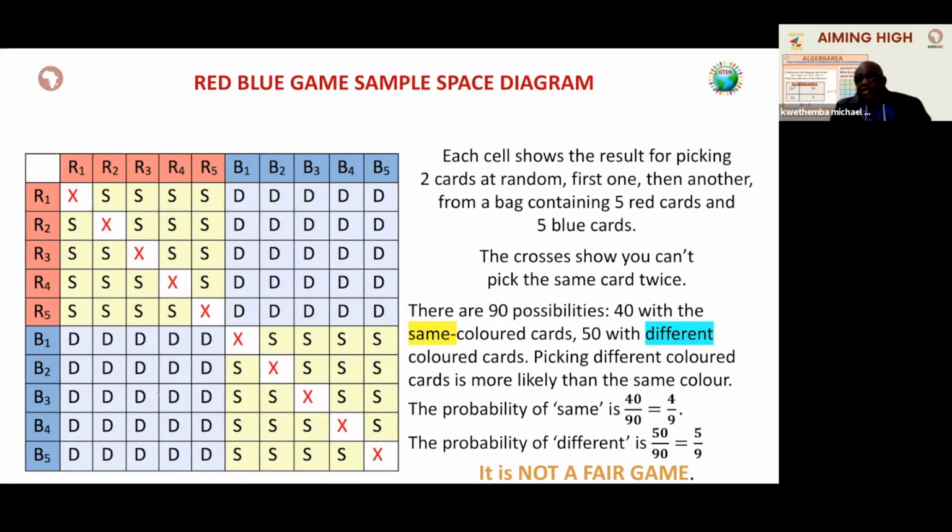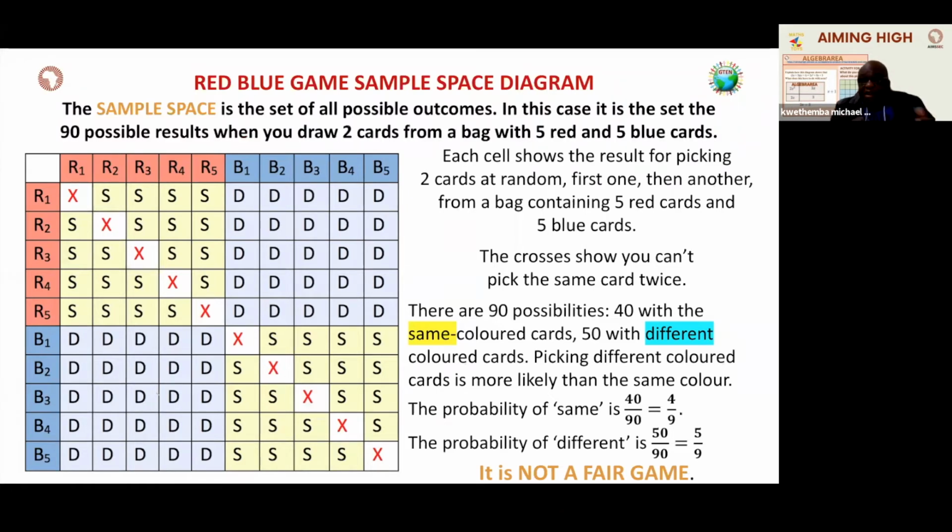So these are some of the activities, like I said, it was tempting, especially to the younger ones at the beginning, when you see 5 red cards, 5 blue cards, you think because they are the same, the outcome should be a fair game. But this is a clear demonstration where you involve these learners. They will be the ones coming up with this through the experiments. Then at the end, you guiding them, they get to believe that surely in a situation like this, the game can never be fair.